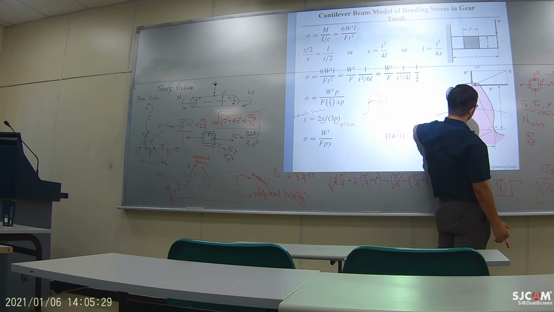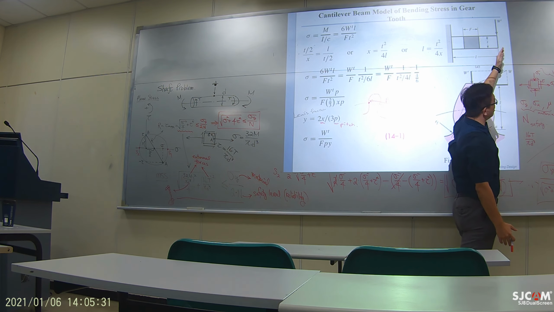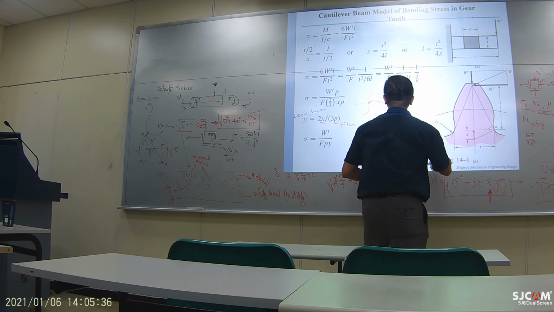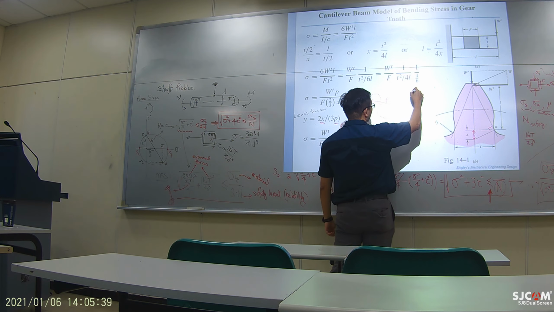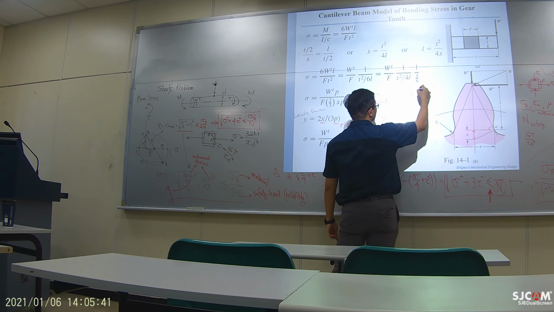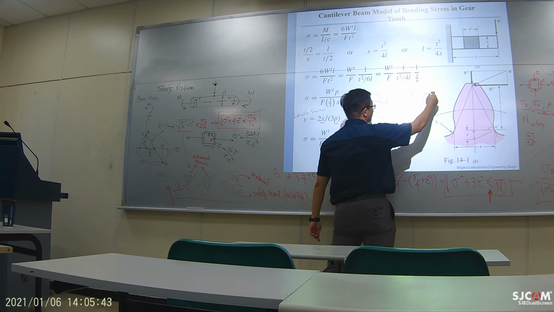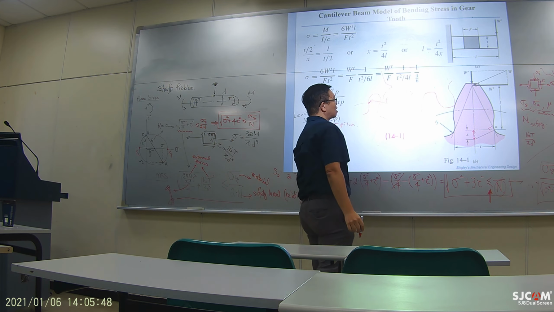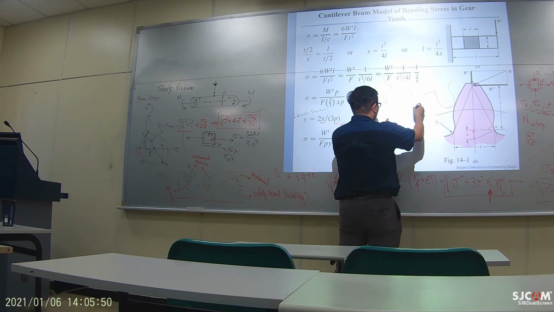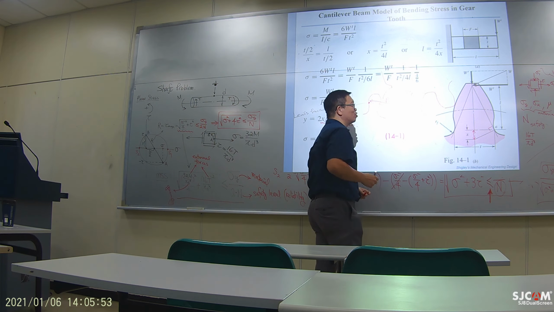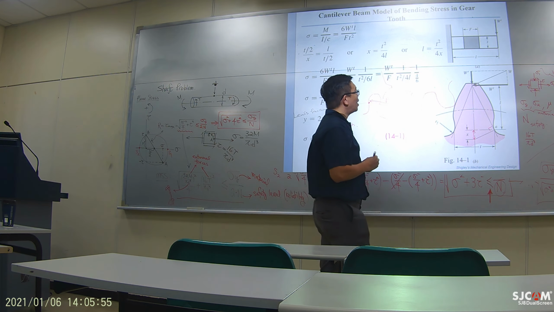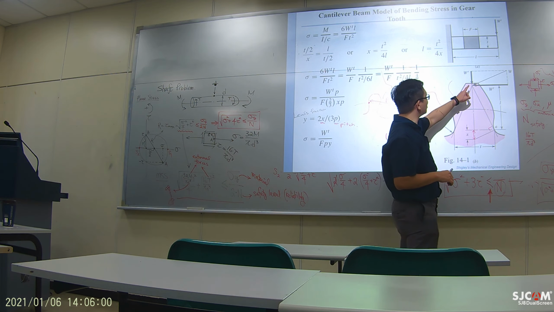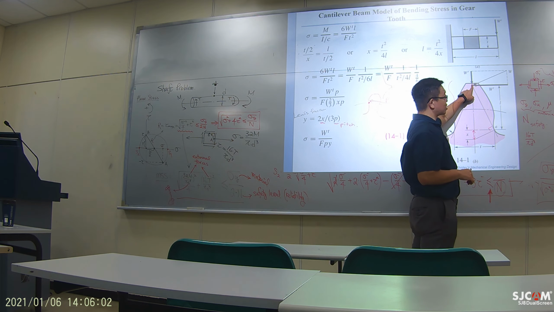This is the root of the tooth, and you have a cantilever. So every tooth is like a cantilever. When two gears conjugate with each other, there will be certain force applied from the other side to our side. At a certain load condition, there will be a force applied at the tip.